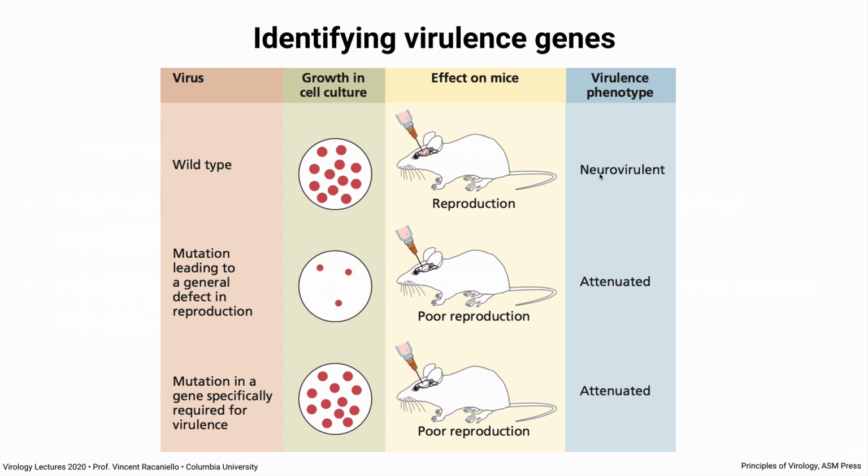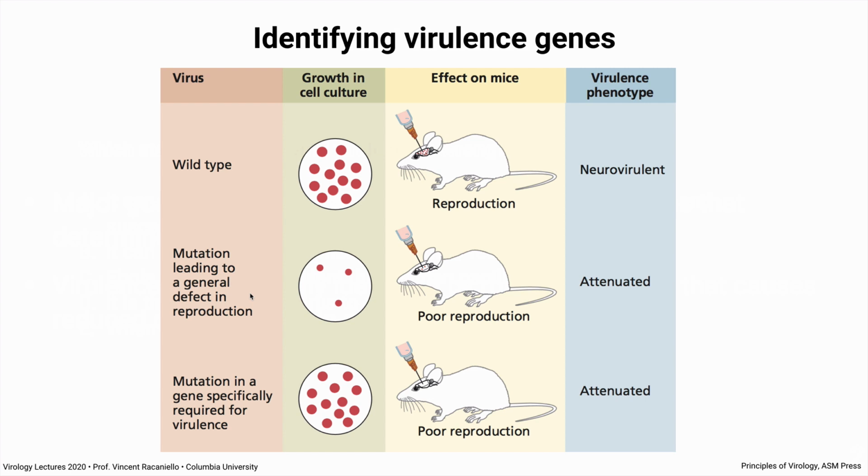This virus is neurovirulent. Now, let's say we introduce a mutation into this viral genome, and that mutation produces a general defect in reproduction. The virus reproduces poorly, lower titers, smaller plaques. When you put that virus into mice, it doesn't reproduce very well, and we say it's attenuated.